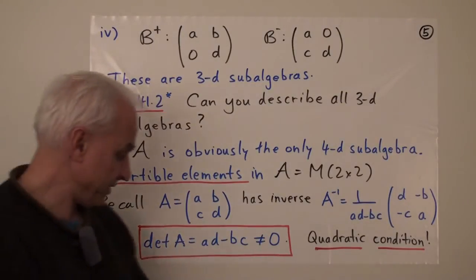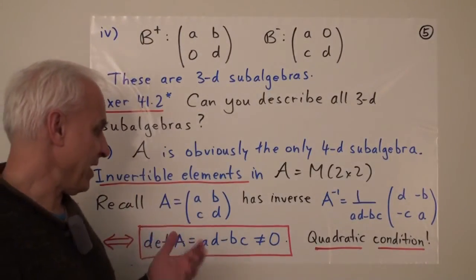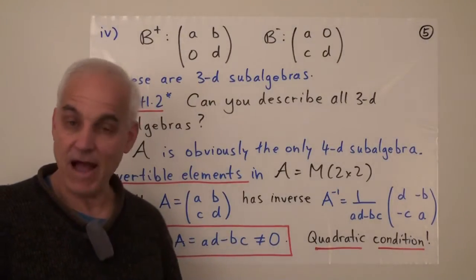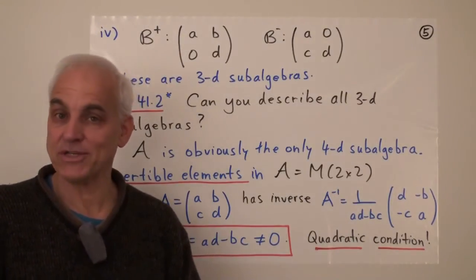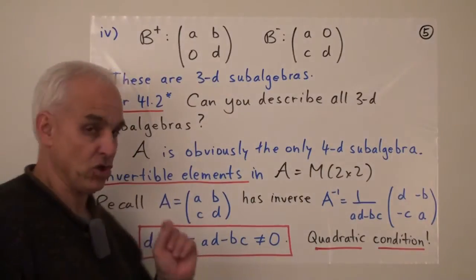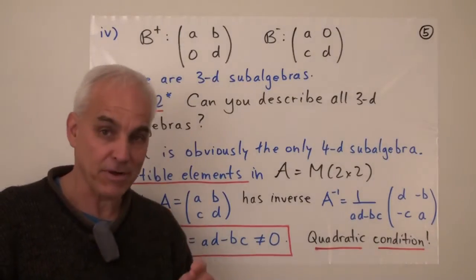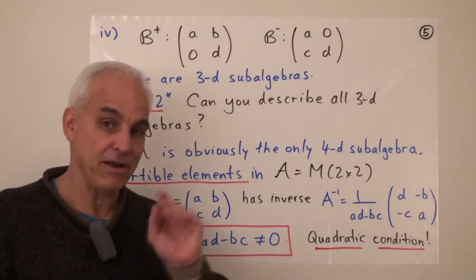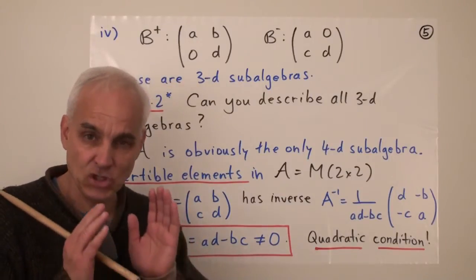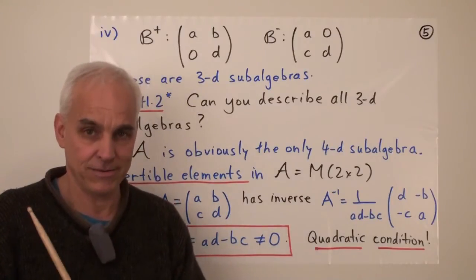Now there's an important remark to be made here. The general idea that a matrix is invertible when its determinant is non-zero is valid for higher dimensional matrices too, as we've seen. But there's something special that happens in the 2 by 2 case. That doesn't happen in the 3 by 3 case, it doesn't happen in any of the higher dimensions, which really contributes to making the 2 by 2 algebra very, very special and unique.